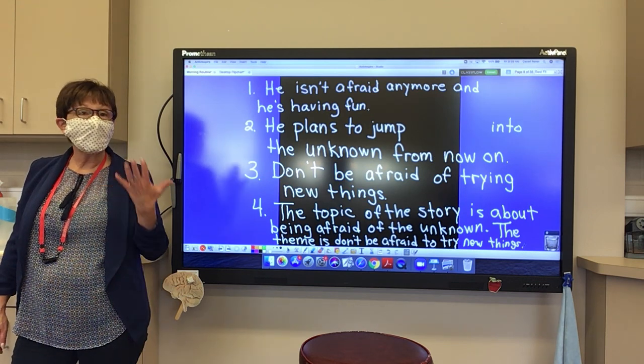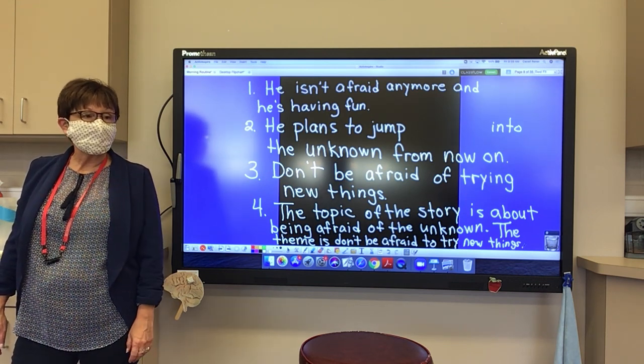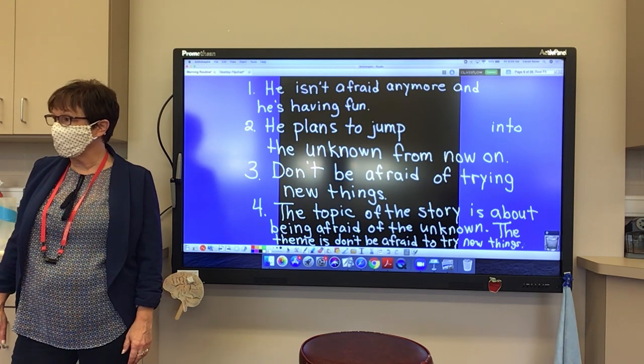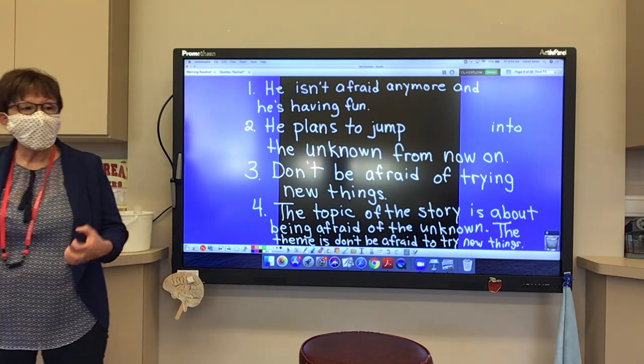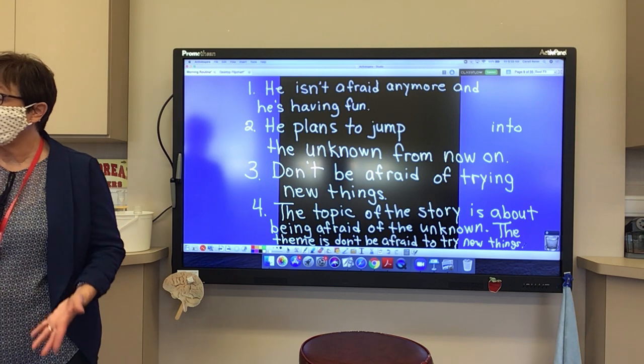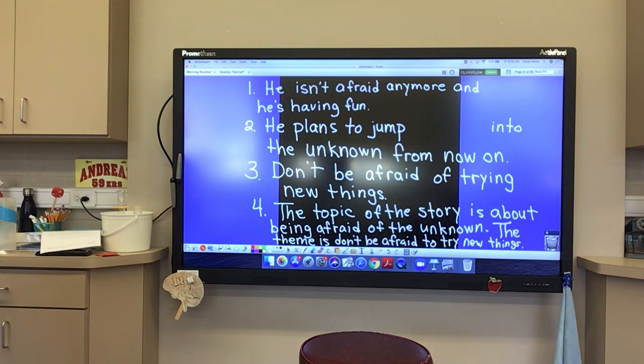So Scaredy Squirrel learned a lesson. The lesson is the theme of our story. Is he tried something new and nothing bad happened to him. Okay? Very good.